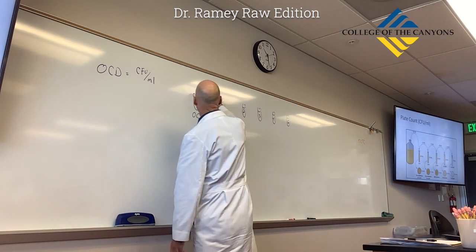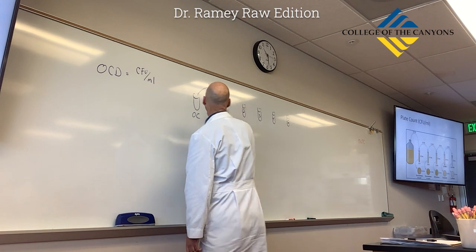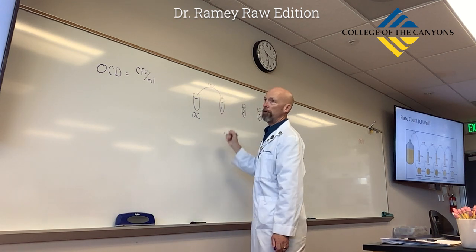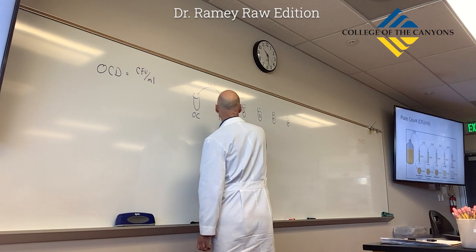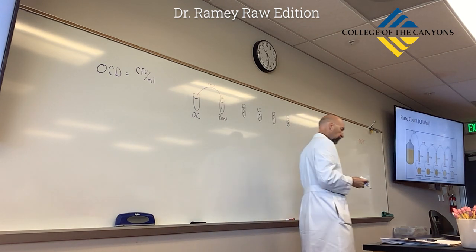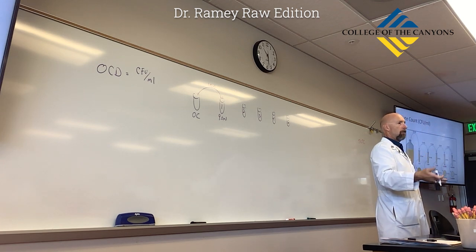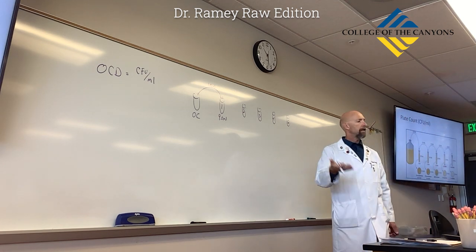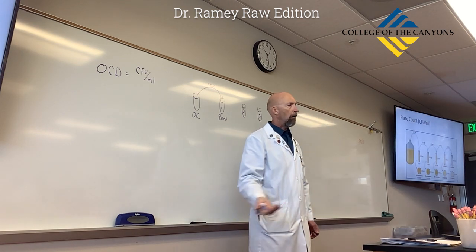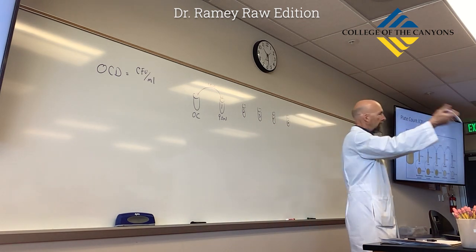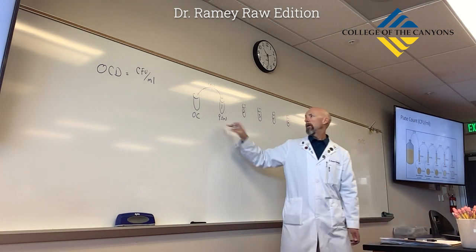And you can see that 1 mil of the original culture was transferred into 9 mils of diluent. So diluent is what's in the dilution test tube, in this case saline. It could be nutrient broth, whatever, that you add the volume transferred into. So 9 mils of diluent.